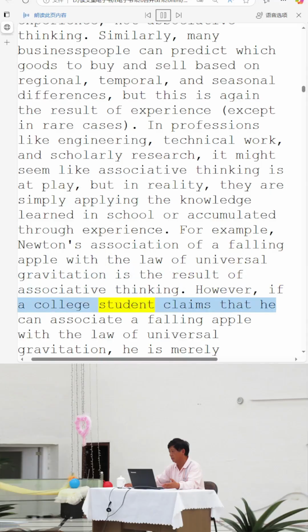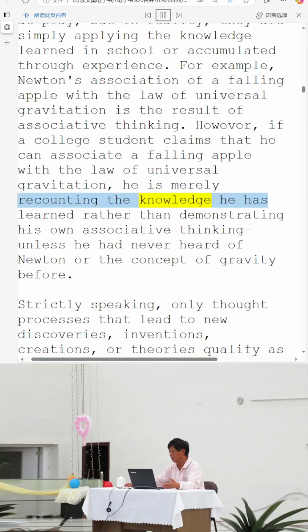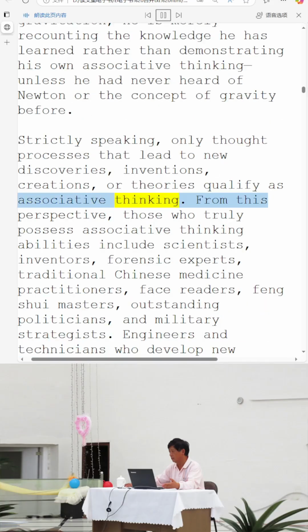However, if a college student claims that he can associate a falling apple with the law of universal gravitation, he is merely recounting the knowledge he has learned rather than demonstrating his own associative thinking, unless he had never heard of Newton or the concept of gravity before. Strictly speaking, only thought processes that lead to new discoveries, inventions, creations, or theories qualify as associative thinking.